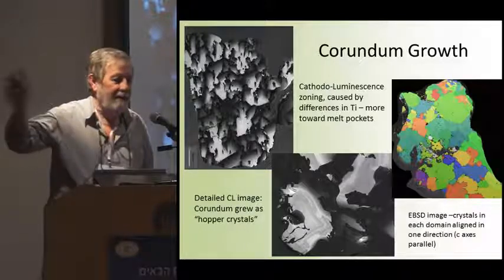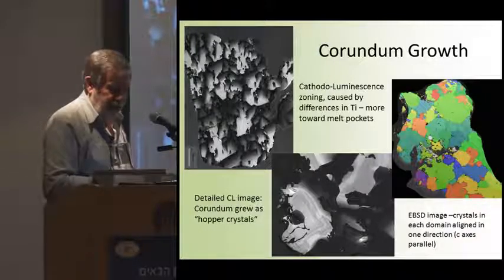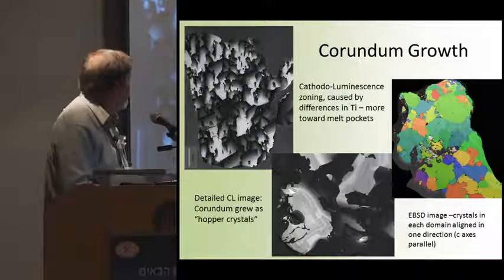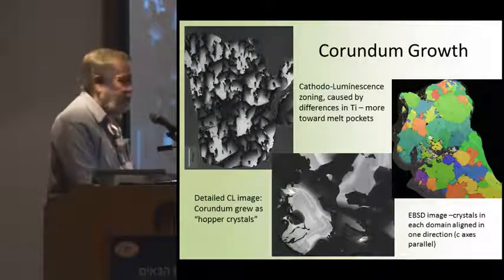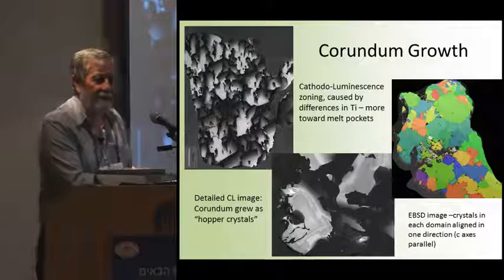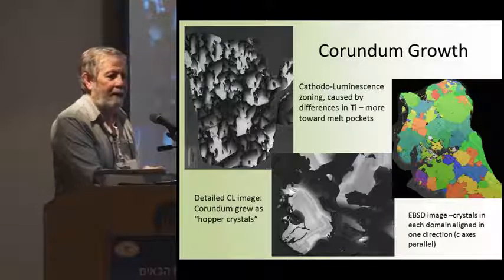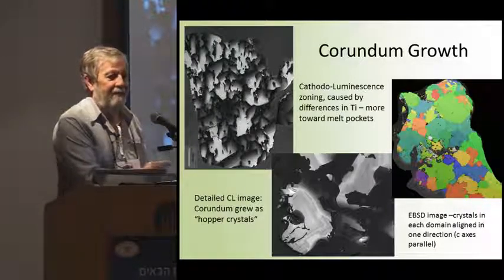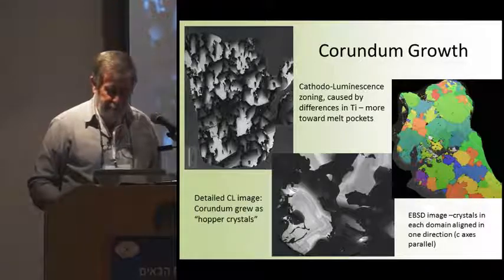I'll talk about this in another venue later this afternoon, and go into a little more detail. But I wish I had a color picture, because the luminescence is actually brilliant pink grading into red. So they're very nice to look at.